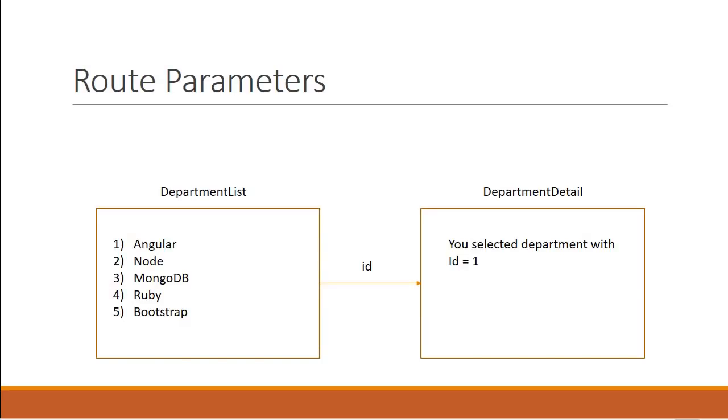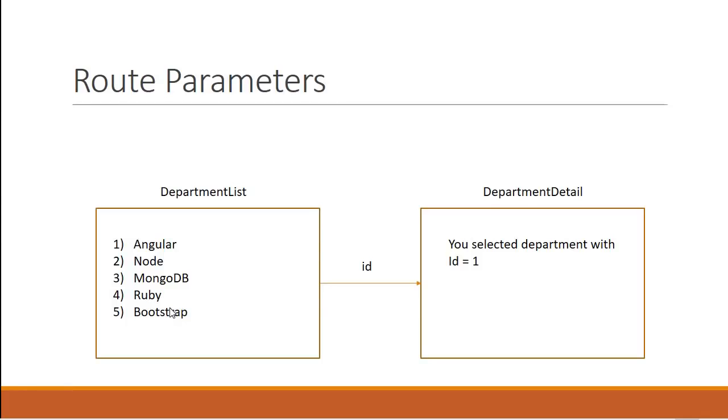Alright guys, in this video, let's see how to pass and read route parameters. Here is what we are going to do. In the department list component, we will have a list of departments: Angular, Node, MongoDB, Ruby, and Bootstrap. Each of them has a corresponding ID, 1, 2, 3, 4, and 5.